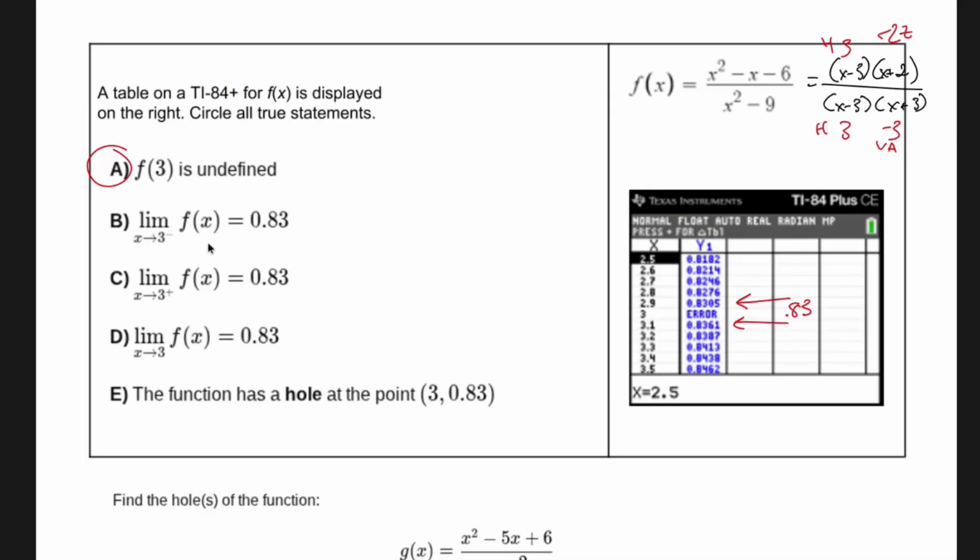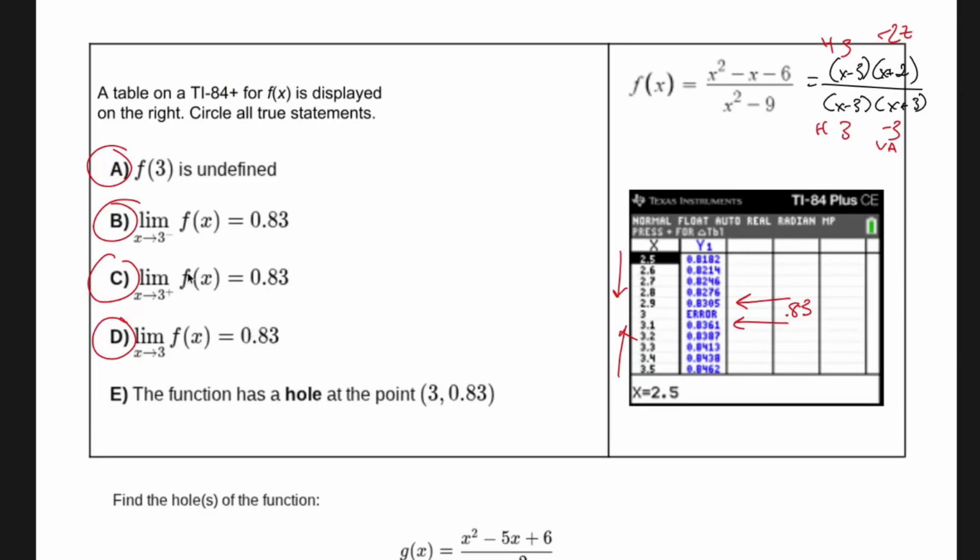So it looks like on the left side, you'll get to 0.83. So as I go from the left, I'll get to that 0.83. So yeah, I'll agree with that. And as I move from the right, I'll get to that 0.83. So yeah, I'll agree with that. Now, here's an interesting fact. This is brand new, you haven't learned this.